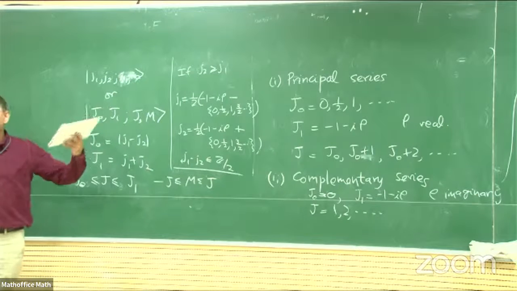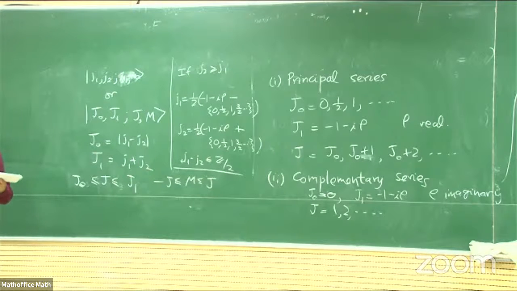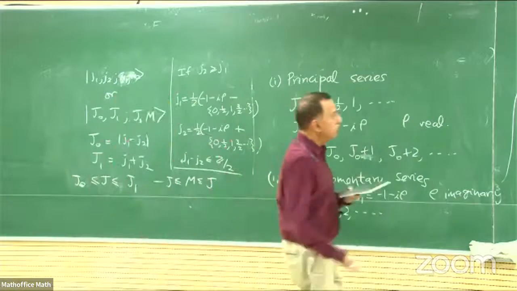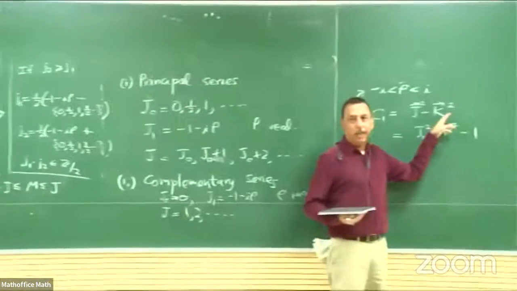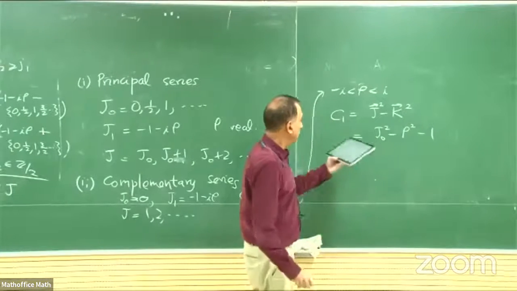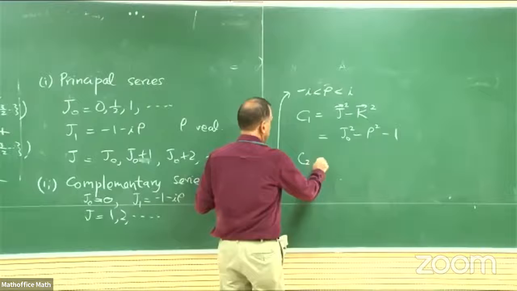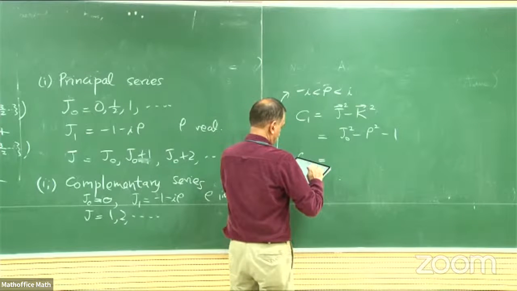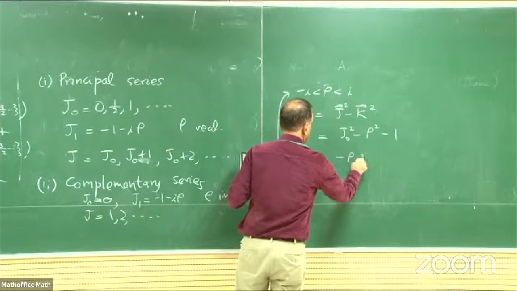And from this, I can, of course, immediately compute the Casimirs because J1 and J2 are the values for M and N. So I take this JK and I rewrite in terms of M and N, and then I work it out and I get this. And likewise, C2 is what? It is minus rho times J0.